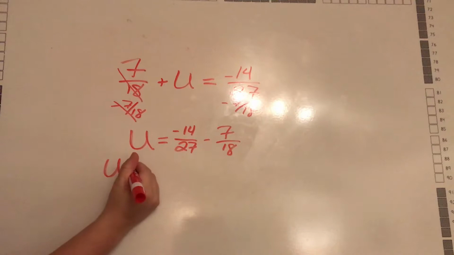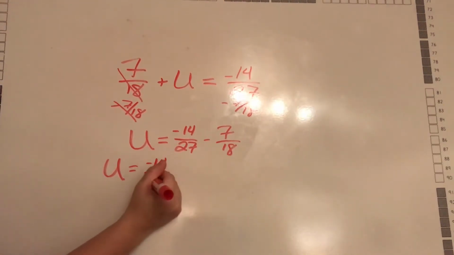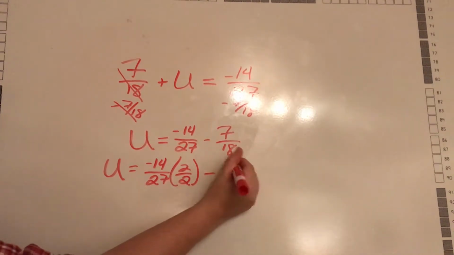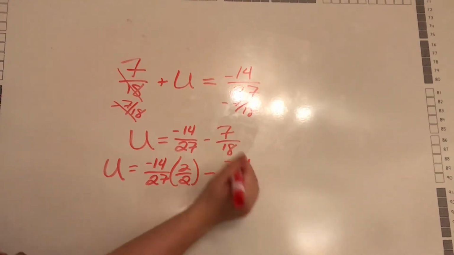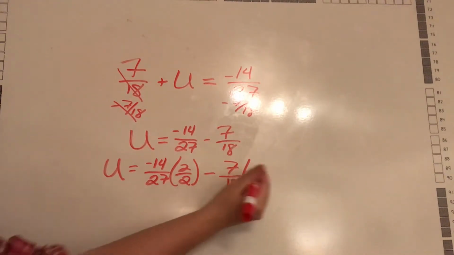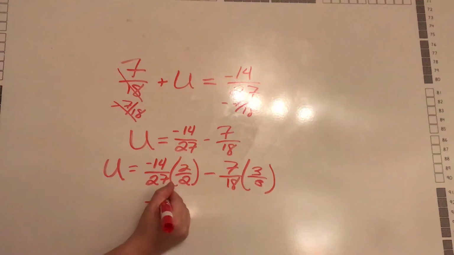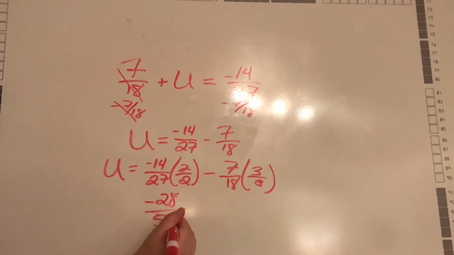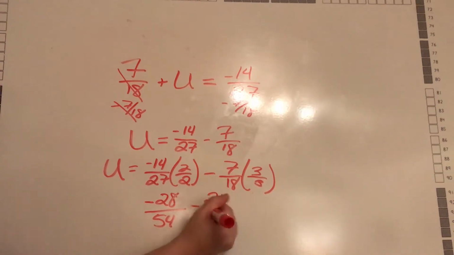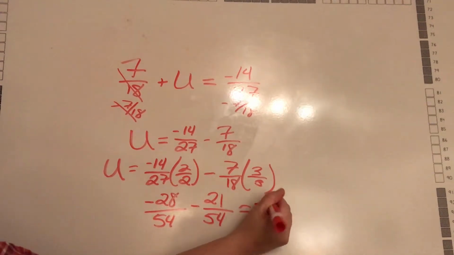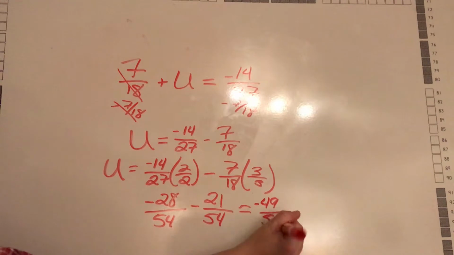So u is going to equal -14/27 multiplied by 2/2 minus 7/18 multiplied by, 18 goes into 54 three times, 3/3, which leaves us with -28/54 minus 21/54, which equals, remember, a negative and a negative, we add and it's a negative, so that's -49/54.